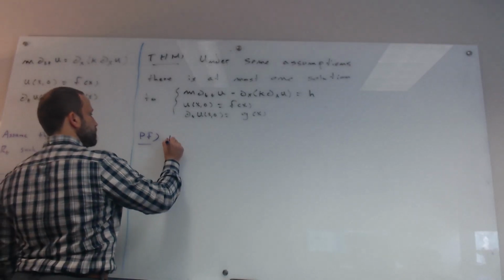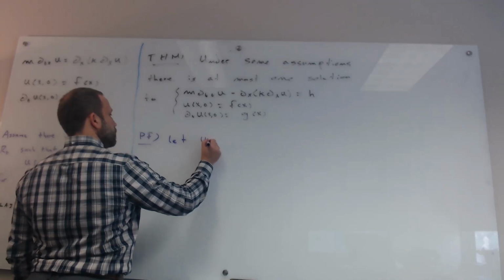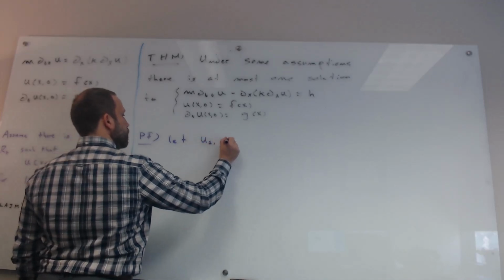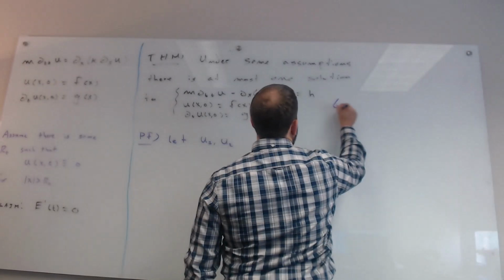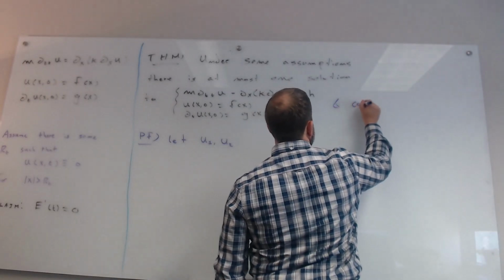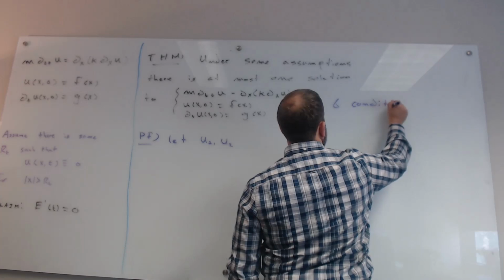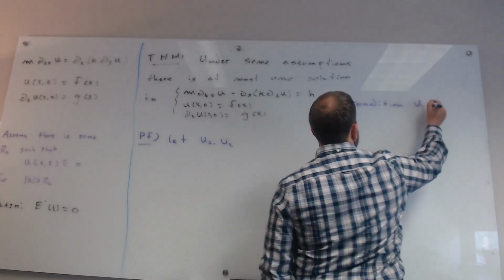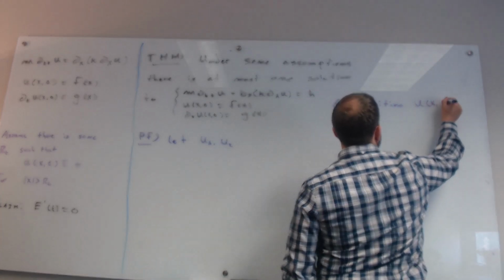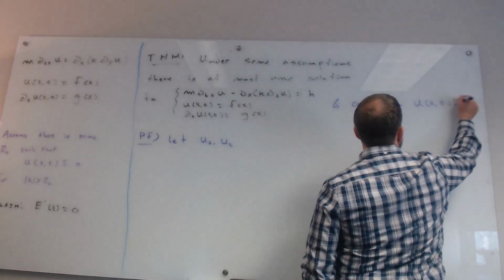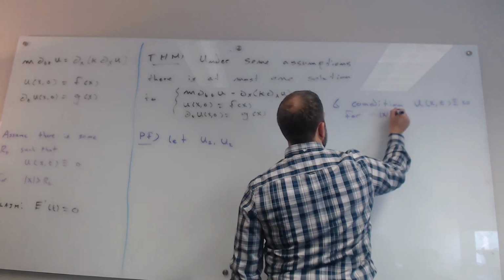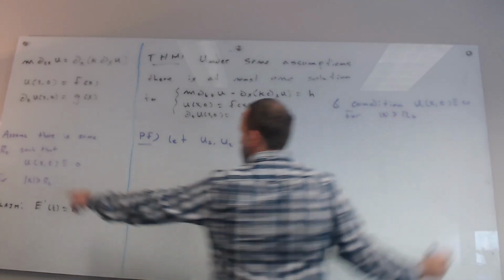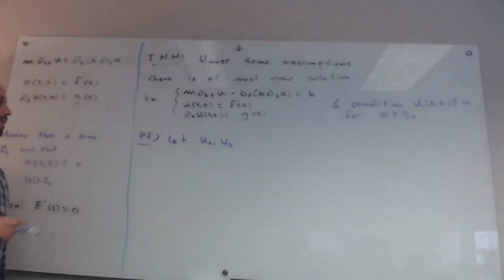So let u1 and u2, sorry, I want to explicitly add this condition that says u of x comma t is identically equal to 0 for the absolute value of x bigger than RT. It's just the compactly supported condition.